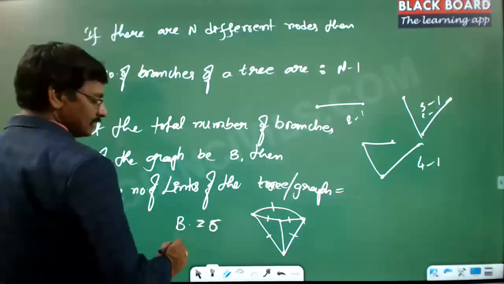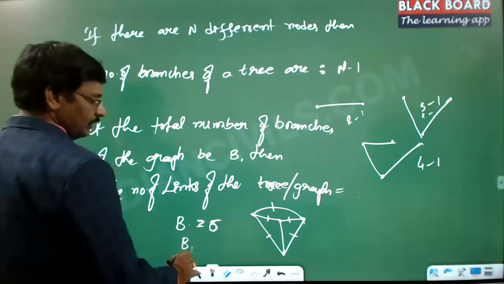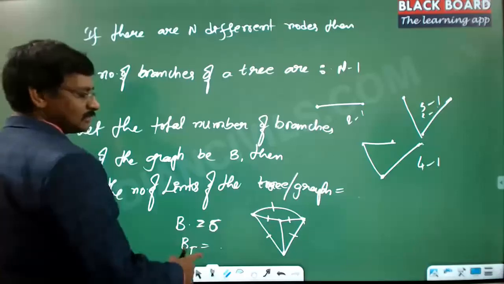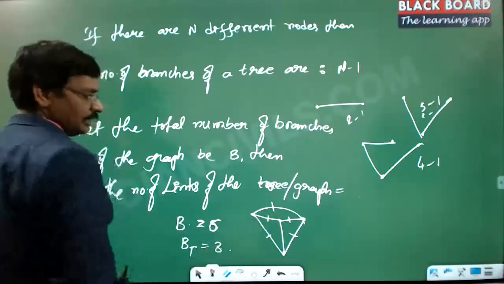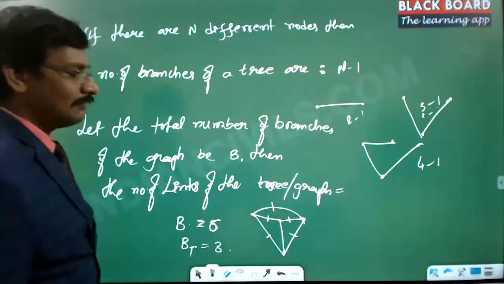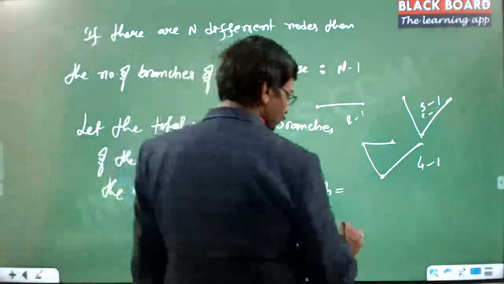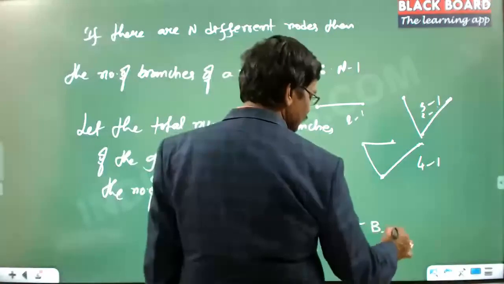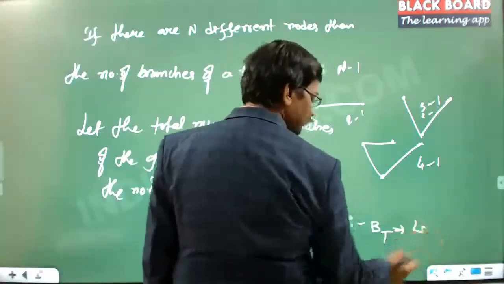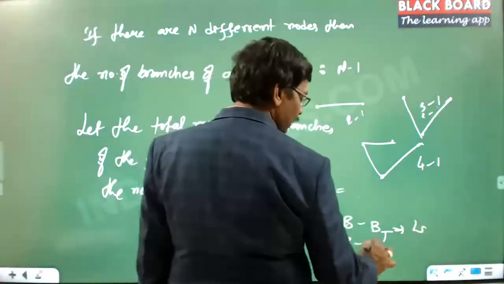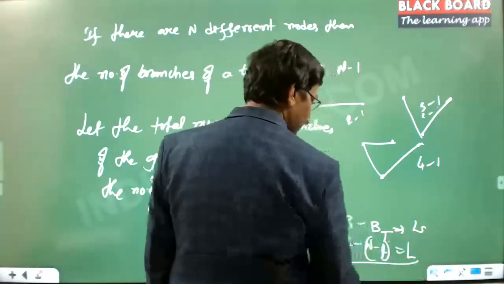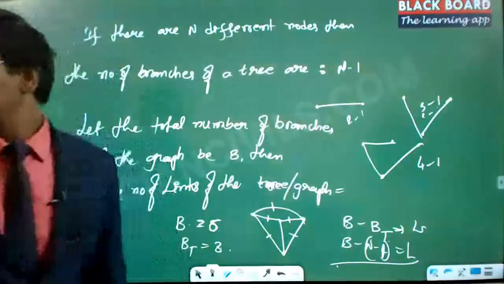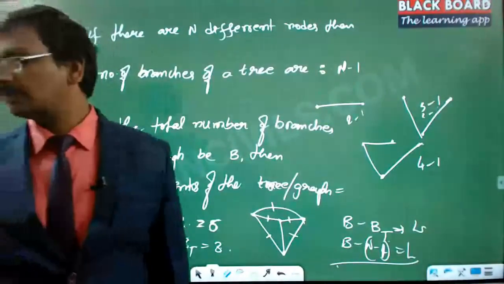The number of branches in the tree, BT: for 4 different nodes, 3 branches will be there in a tree. Now the remaining 3 will form the links, obviously, right? So B minus the number of branches in the tree is the links. So L equals B minus (n minus 1) is the number of links. Got it? Understood or not?